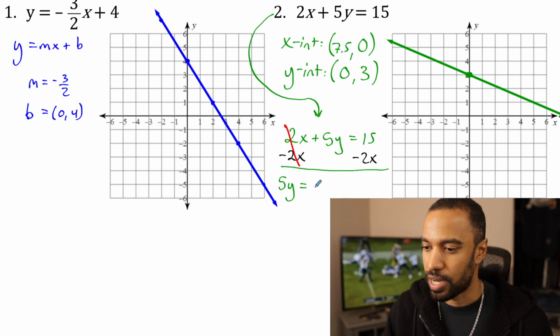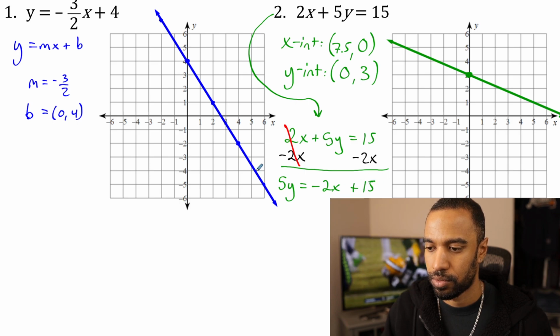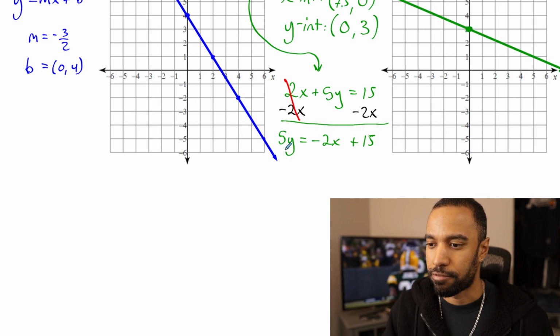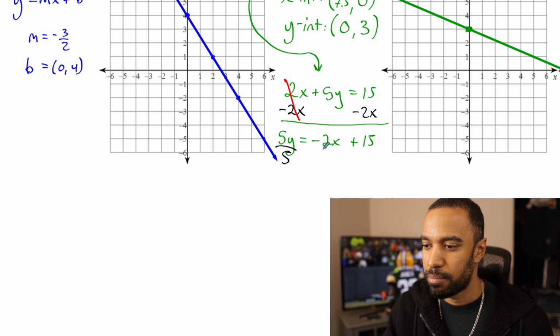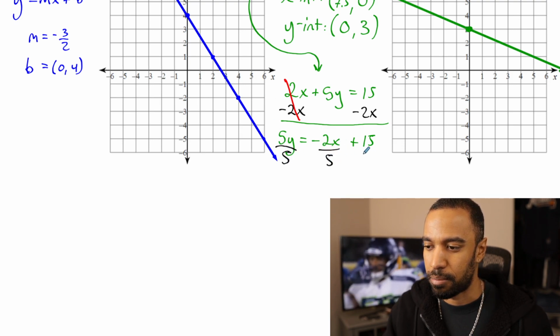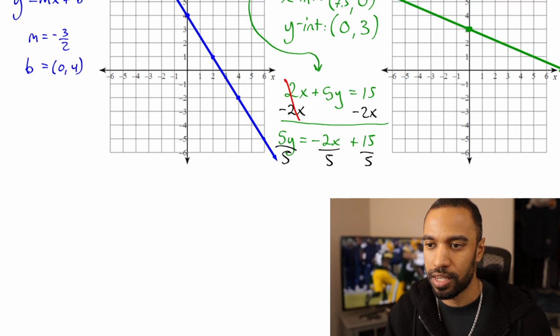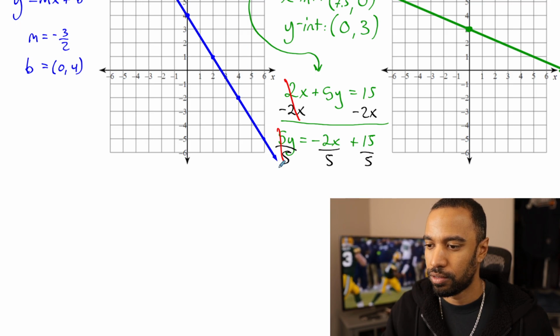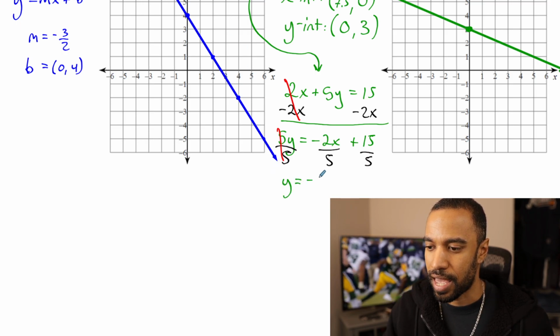So 5y equals negative 2x plus 15. Okay. Now I'm going to go ahead and divide both sides by 5 here. And when I divide by 5, everything's got to kind of divide by 5. All three of these terms right here. And I'm going to get an equation now that says y equals negative 2/5 x plus 3.